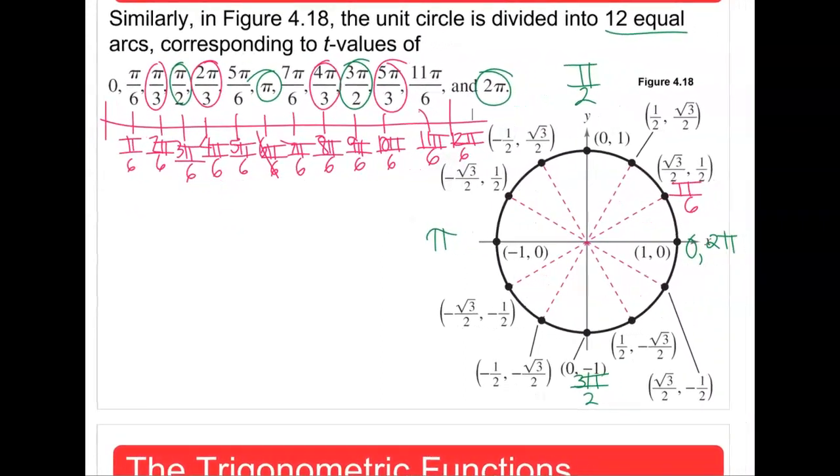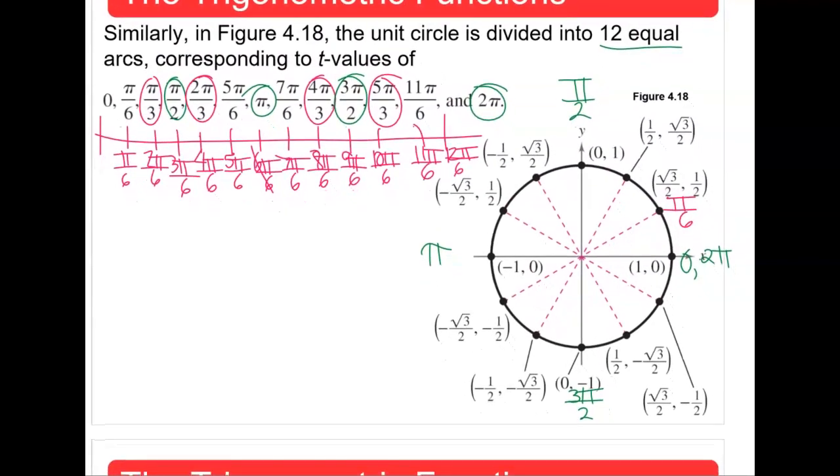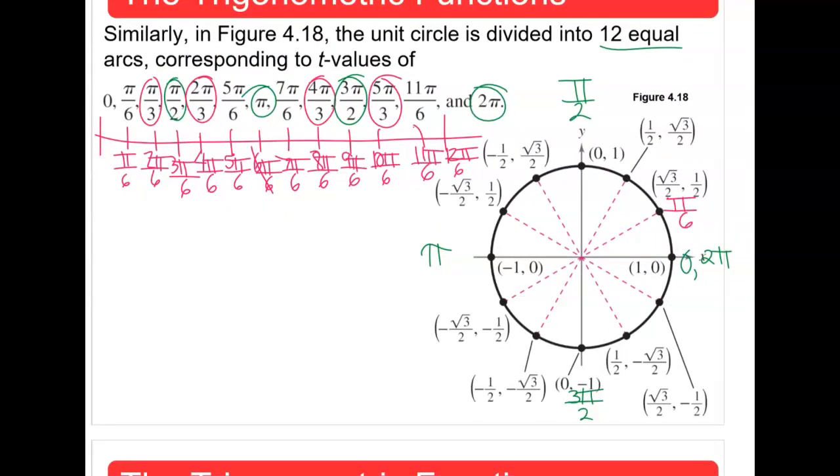Okay, so we already have the quadrantal angles positioned there. So let's go ahead and write down the ones that have a denominator of 3, the ones that I have circled with pink. And I'm going to just erase this one here. Actually, I'm going to write it in purple, pi over 6. What else? 5 pi over 6, 7 pi over 6, and 11 pi over 6. Those will be the ones that we will write in purple.